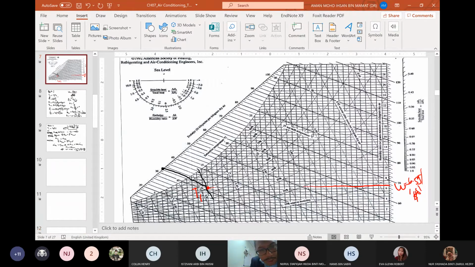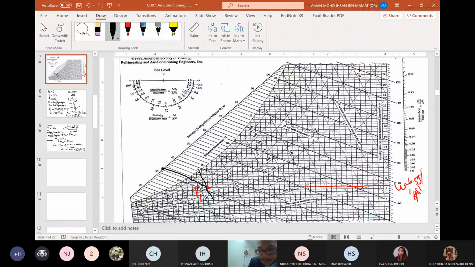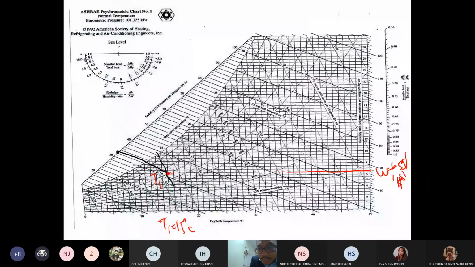Saya memang suka buat yang derivation ya, berbanding dengan psychrometric chart. So T2 tadi sampai 20 degree Celsius kan? So you can read it from the psychrometric chart. Boleh baca psychrometric chart berapa nilai.